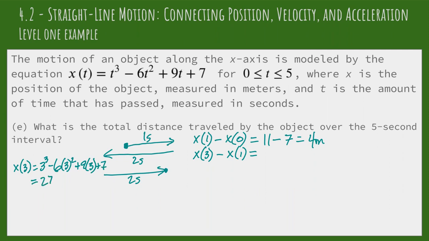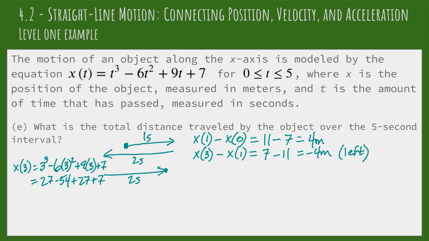So this is 27 minus 54 is negative 27, plus 27, plus 7. So it turns out x of 3 is 7, and 7 minus 11 is negative 4 meters. So the displacement is negative 4 meters, so it went to the left 4.